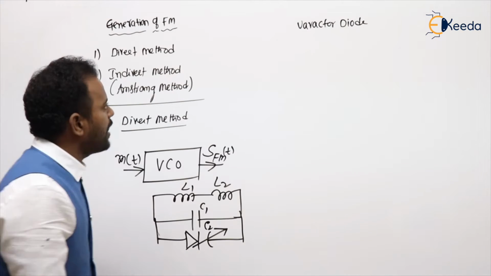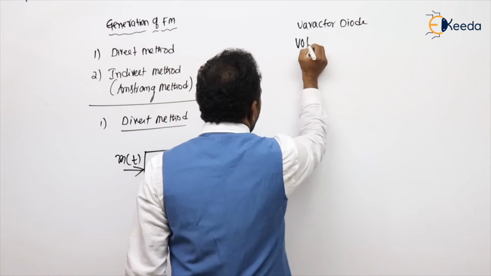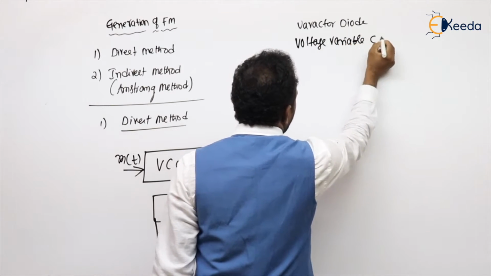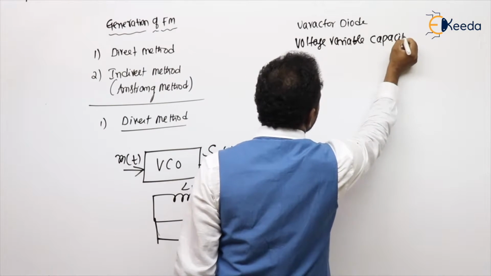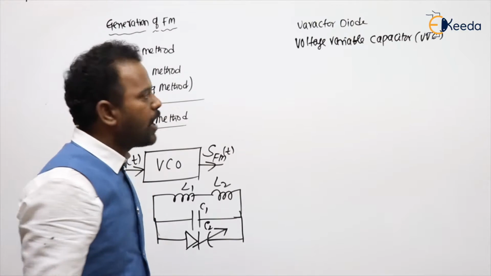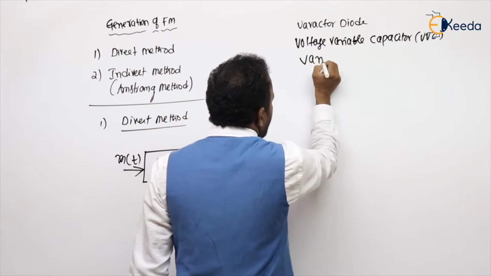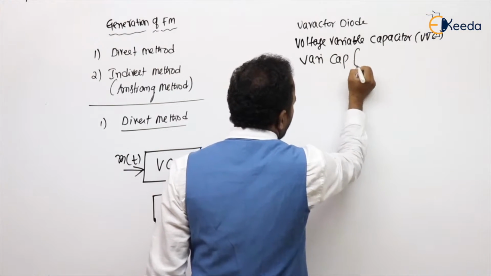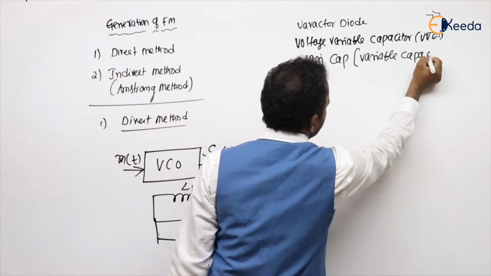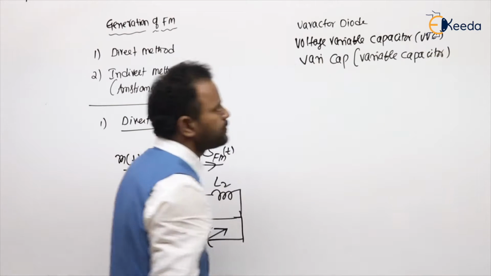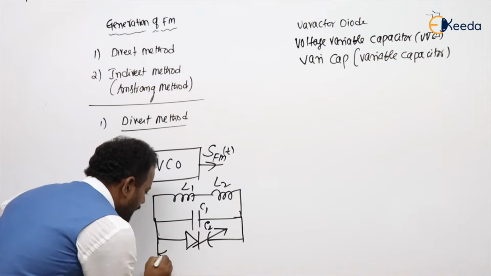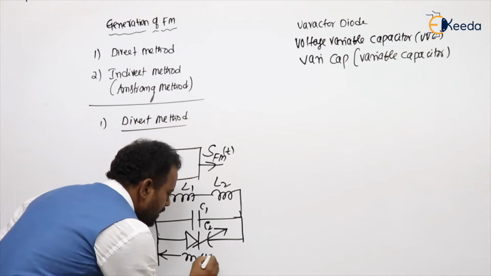That's why it has another name, voltage variable capacitor, VVC, also called varicap. Varicap means variable capacitor. Across this varactor diode, we connect our message.